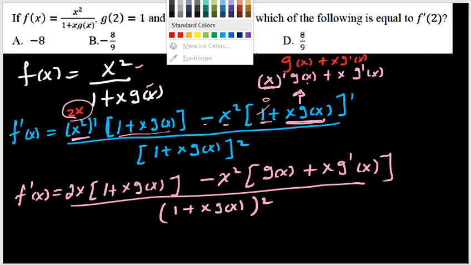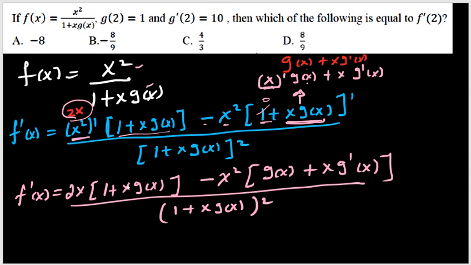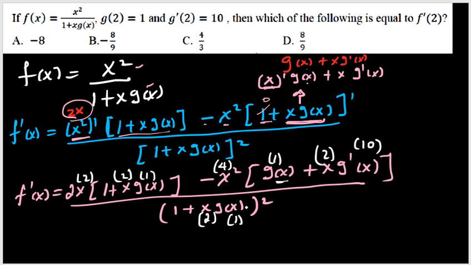Now let us insert the number 2. When you insert 2, here will be 2, and g of 2 is given, it's 1, and here also 4, and g of 2 again it's 1 here, and again here 2, g derivative at 2 is also given to us, 10, and the lower part also here 2, we need to insert 2 two times, this is 1 when you insert 2.